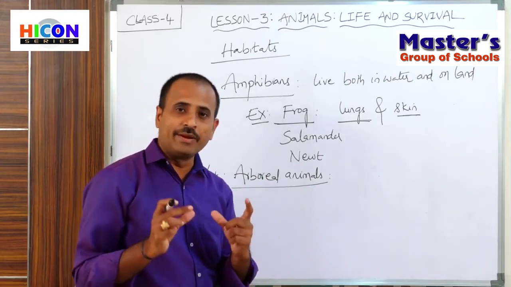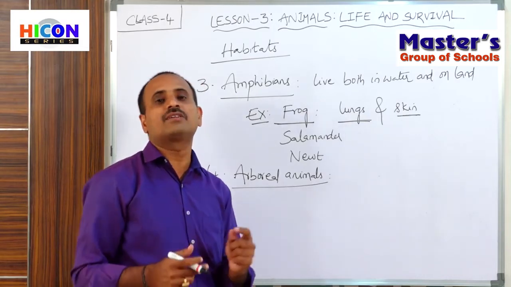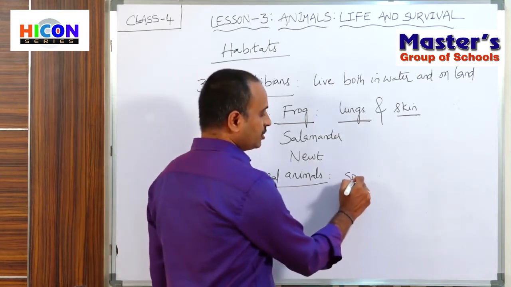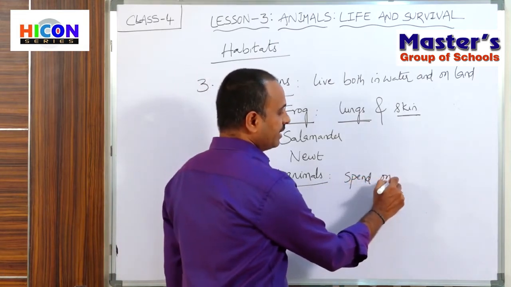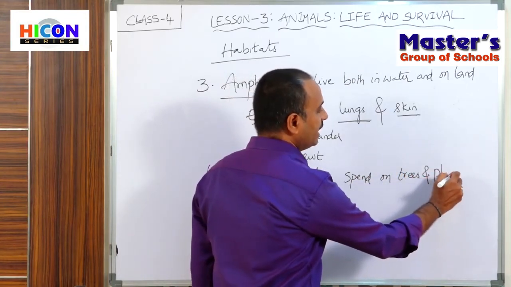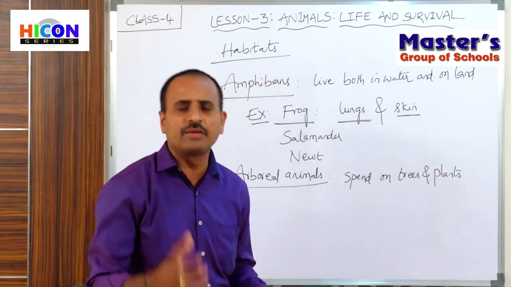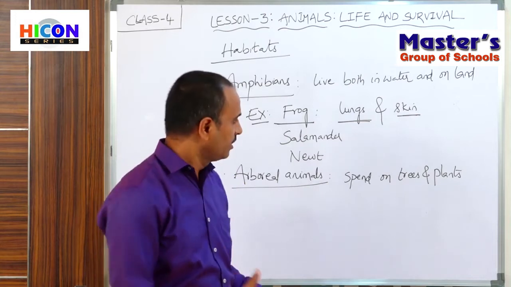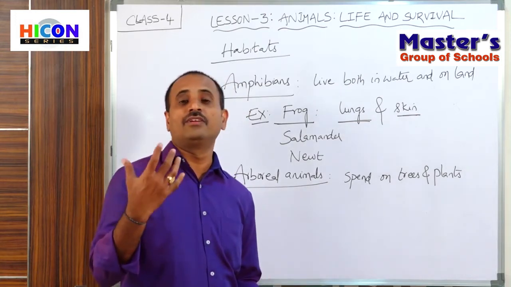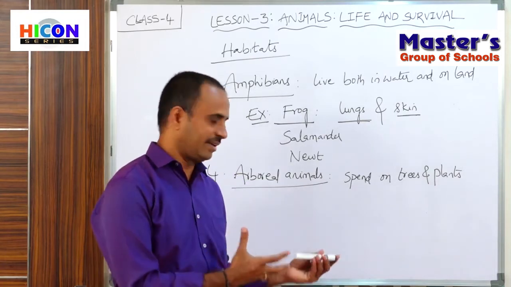Children, the animals which spend most of the time on trees and plants are called arboreal animals. So these animals spend their time mostly on the plants and trees, and they do not live on the land, and they do not live in water; especially they stay on the plants, on the trees.